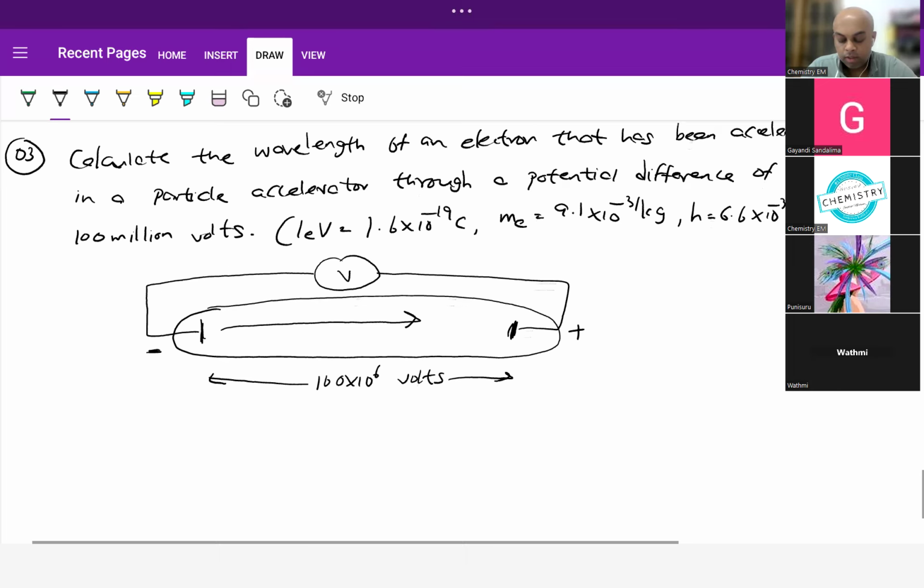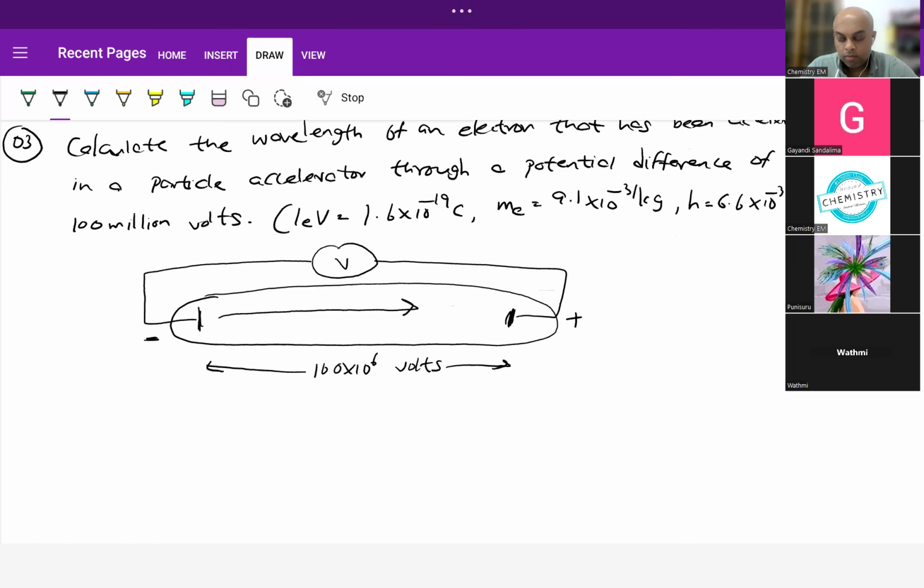Now in that case, the voltage difference is V, and when this is multiplied by the charge of an electron, eV will be the energy exerted on top of an electron by the voltage.